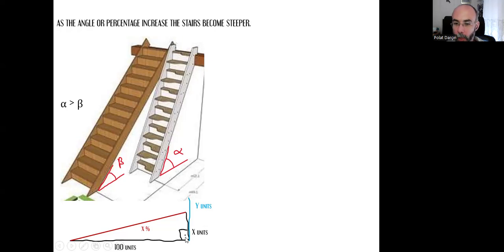Same with the percentage. Let's say we have y units instead of x units, but the horizontal length is the same. It's still 100 units. This time we will have y%. We can easily say that y% is steeper than x%.